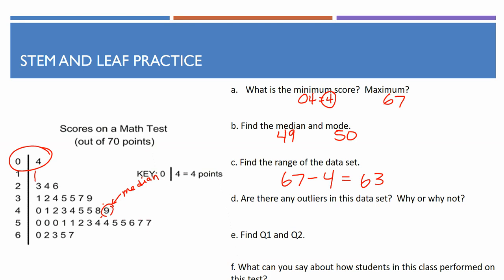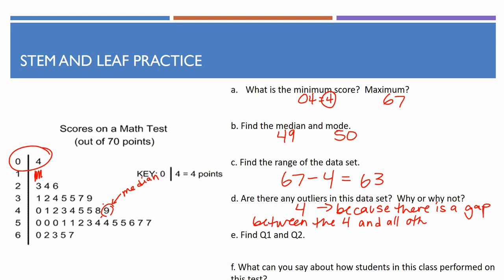So if I have this big gap here between all the rest of the data and this 4, typically we're going to call that 4 an outlier. And I'm going to say why, because there is a gap between the 4 and all other test scores. That's why that's an outlier.